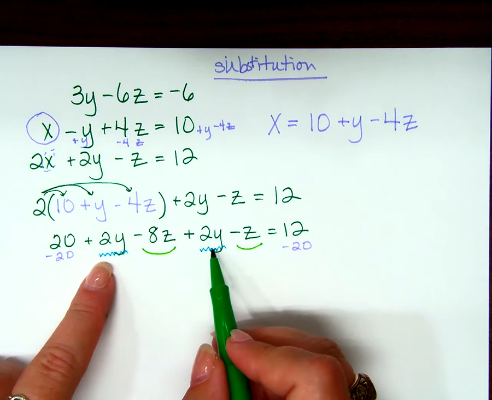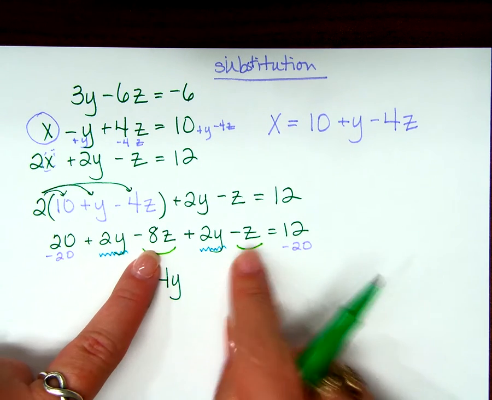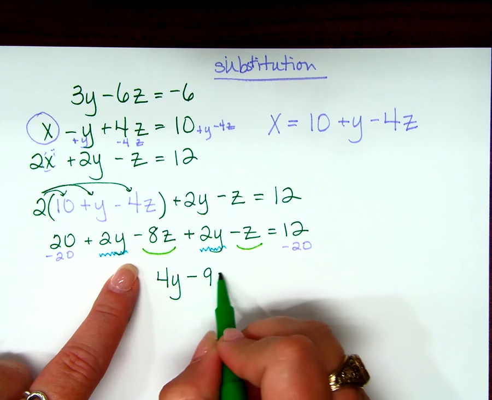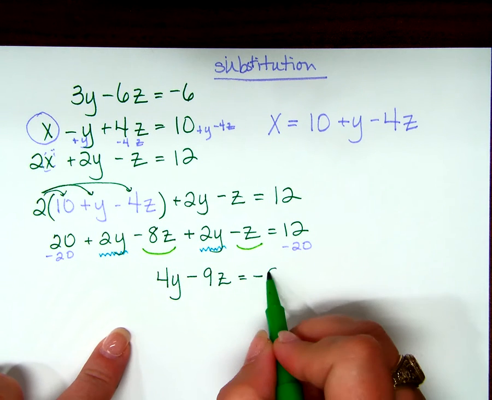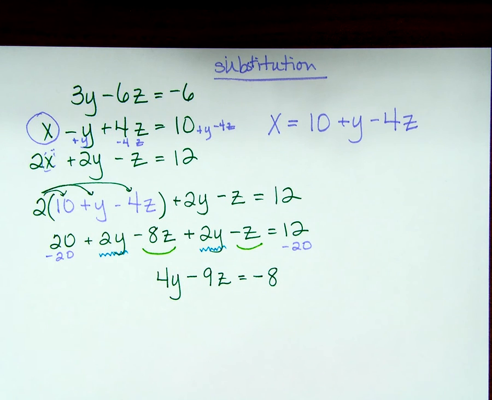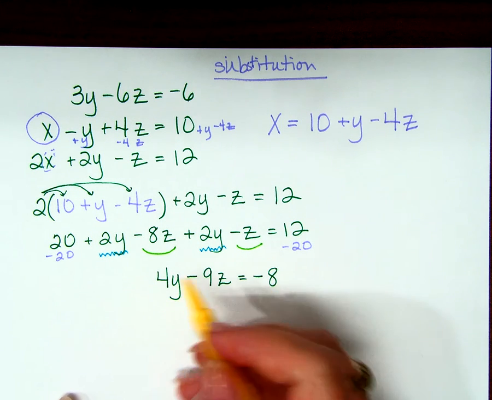So if I combine my y's, I get 4y. If I combine my z's, I get minus 9z. And when I subtract 20 from both sides, I get negative 8. So here's what I need you to notice. I have an equation with y and z.